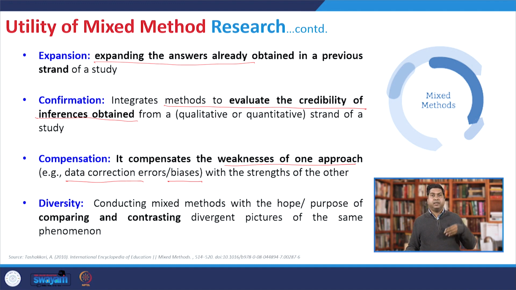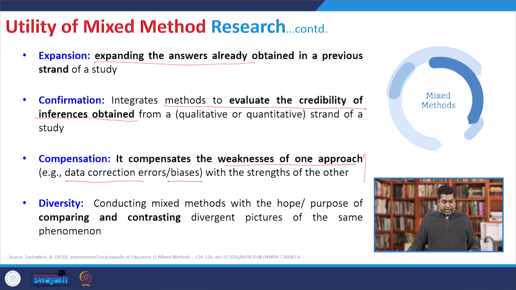It may be at the user end, at the interviewer end, or at the researcher end to interpret it. So in such cases, once you have certain findings, the other method can compensate for it, and at least try to overcome those biases by comparing the results.